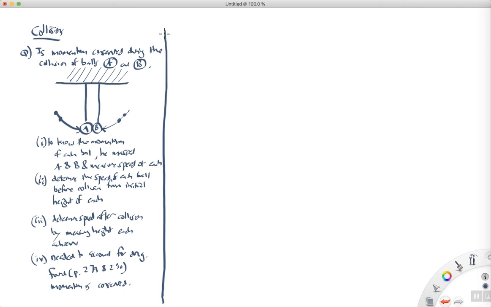Okay. Now, I want to talk a little bit more about the conservation of momentum. And I want to remind you of a problem that we ran into. So recall the problem, or one of the problems that we encountered when first considering the conservation of momentum back in chapter 22.